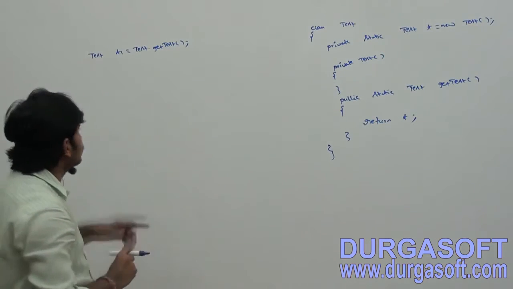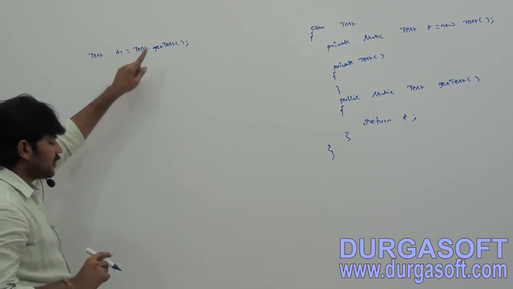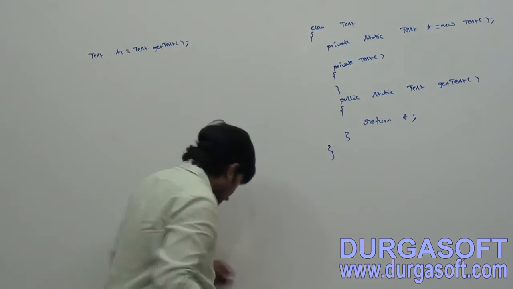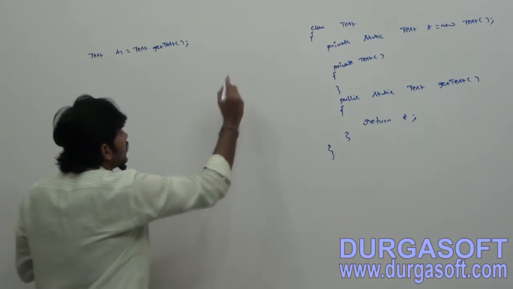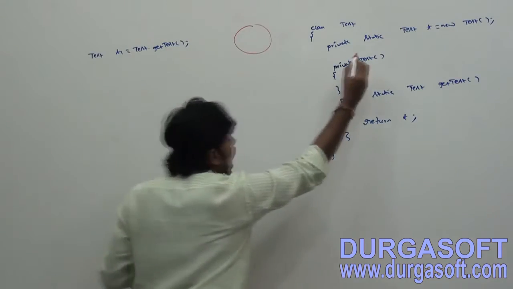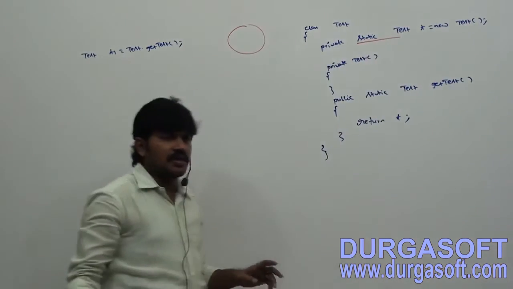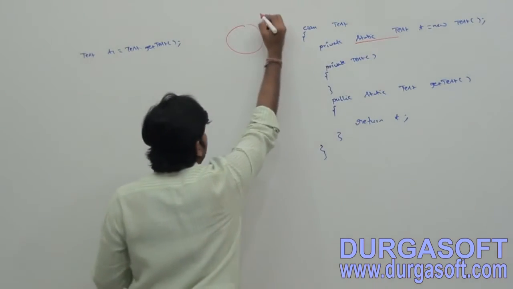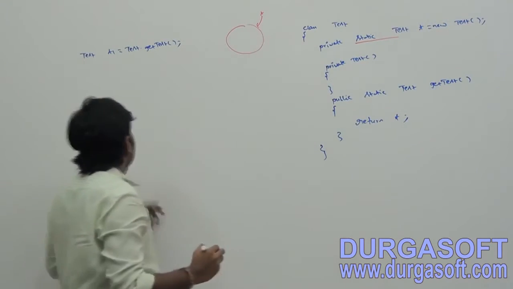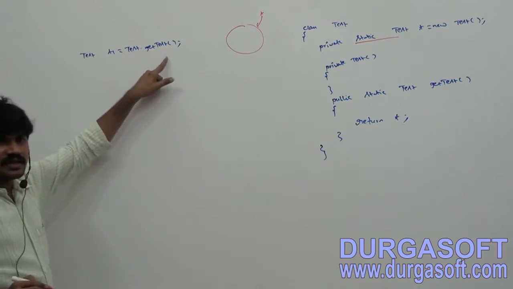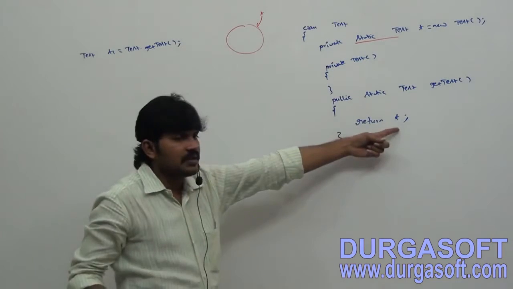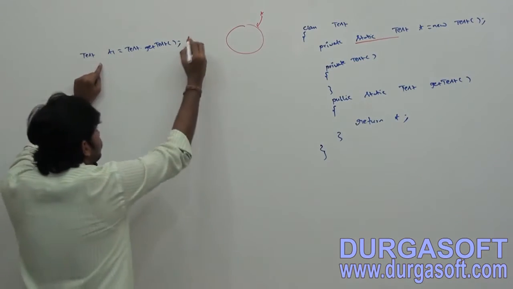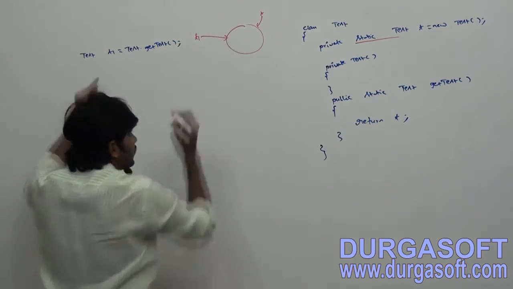Now see, Test t1 is equal to Test.getTest(). Do you know, a Test object got already created at the beginning. Static variables get created at the beginning, under this t. Okay, static variable t. Sir, Test t1 is equal to Test.getTest(), return t. So for this person, which object is he going to get? t, like this.